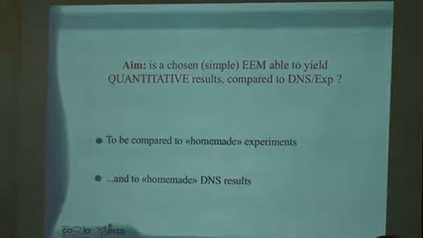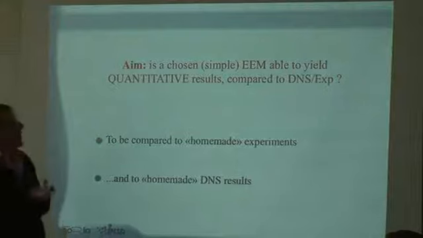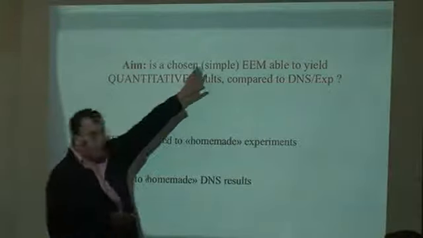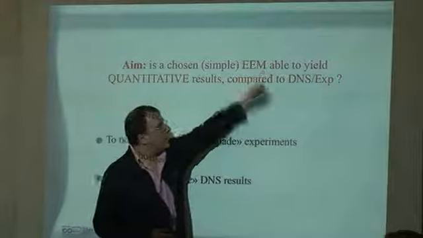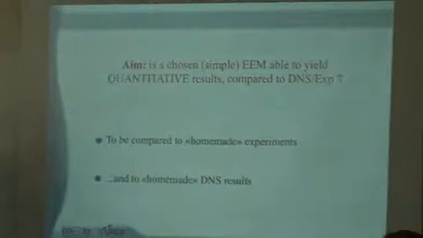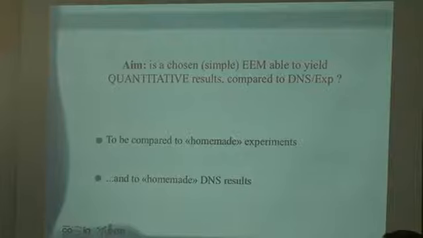So, the scientific aim of our work is to check, to verify, to validate the method. Is a very simple evolution equation model able to yield quantitative results, that means comparable to experiments and comparable to direct numerical simulations?